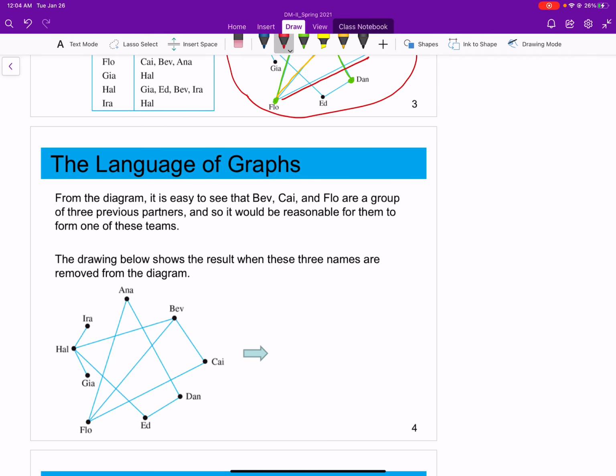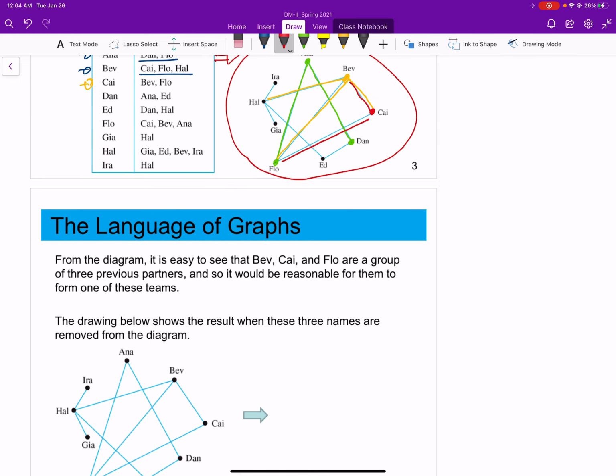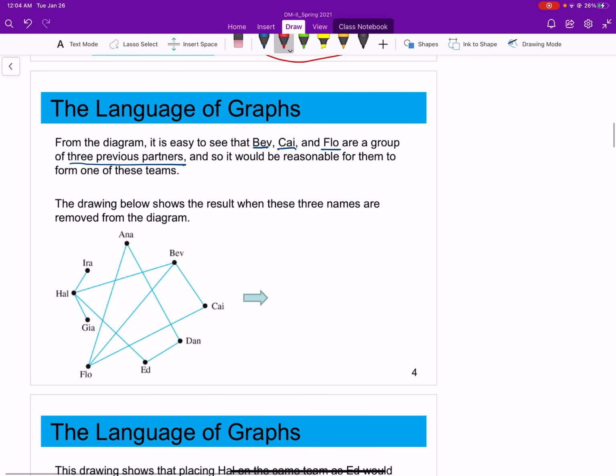From the diagram, it is easy to see that Bew, Kai, and Flo are a group of three previous partners. Okay, let me consider that group. Bew, who's right here, and then Kai, who is right here, and then Flo. So these three were in a group in olden days.